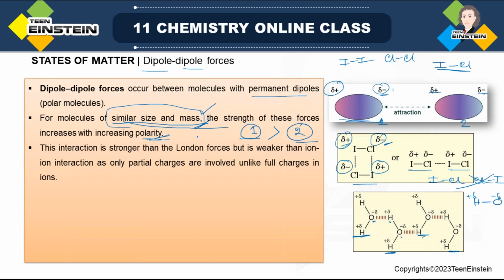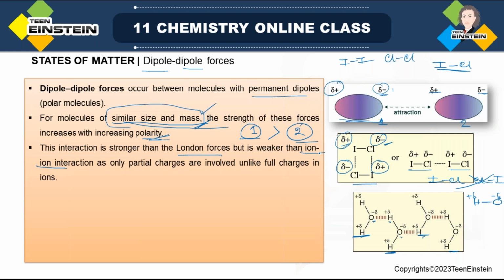Okay, this interaction is stronger than the London forces, that is the previous one, but it is weaker than ion-ion interaction. Though it is true that ion-ion interaction is not under Van der Waals forces, we are just comparing here that its effect is in between.